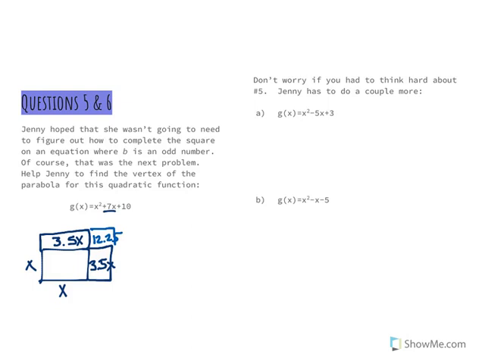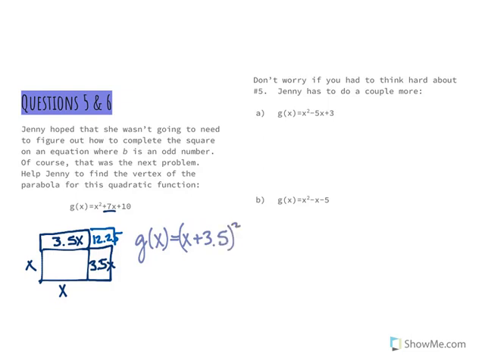So what we have to look at now is the vertex form of this problem would be g of x equals parentheses, x plus 3.5 squared.